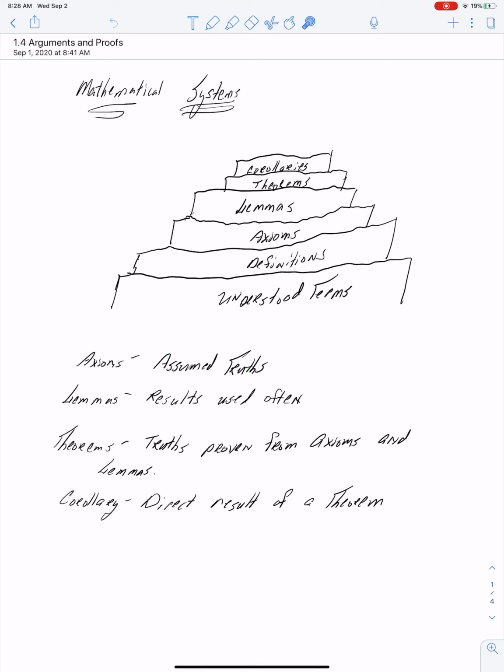And it is the set of axioms that define our mathematical system. So every mathematical system has a set of axioms, and those axioms are assumed truths. They aren't proven, they're assumed. And depending on what axioms you take, you have a different mathematical system. The only thing that's important is that the axioms you take don't contradict one another.